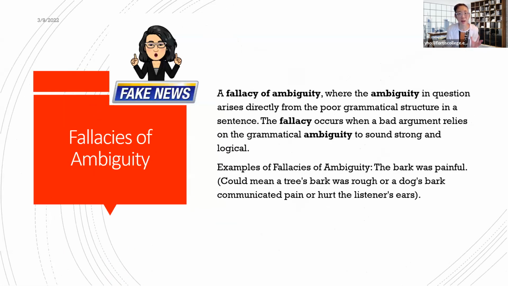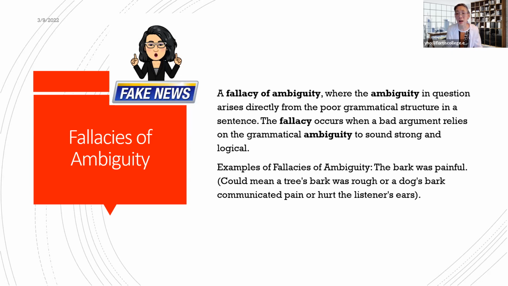A fallacy of ambiguity is when you have poor grammatical structure. An example of a fallacy of ambiguity is, let's see, the bark was rough. Could this mean that the tree's bark was rough, or a dog's bark was rough, that it hurts the ears? All right, so how do you know what they're talking about?